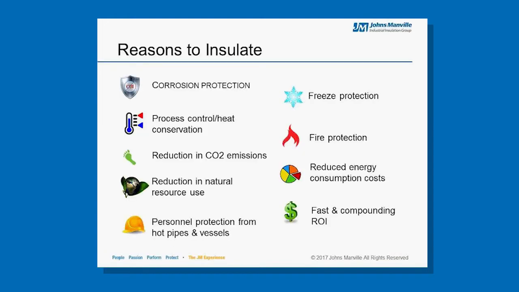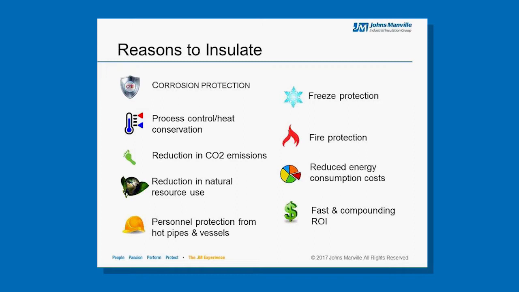So starting off, why do we insulate? Insulation is core to JM's values that Kim mentioned, of perform and protect. As an owner, insulation has the fastest payback with respect to investment. That's performance. This is accomplished in 2 ways, one being reduced energy consumption and the second being process control.